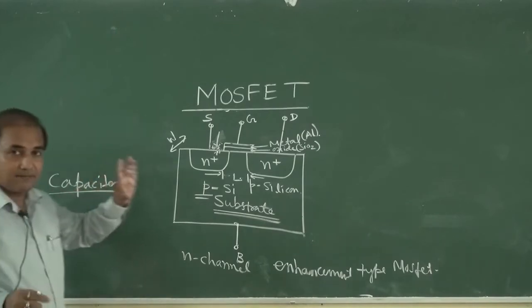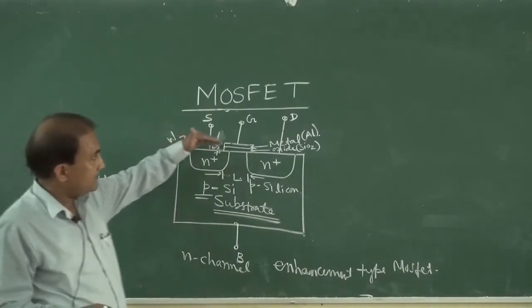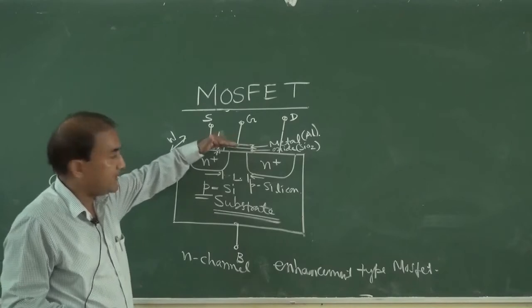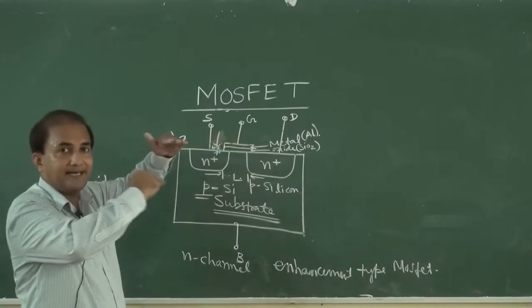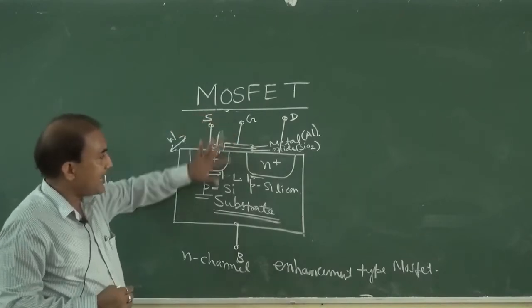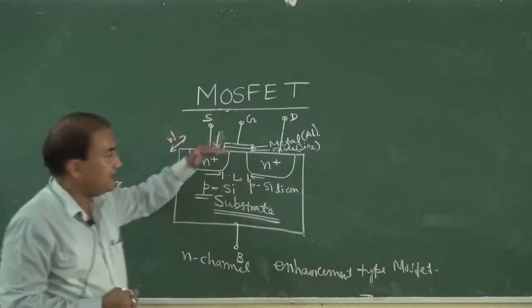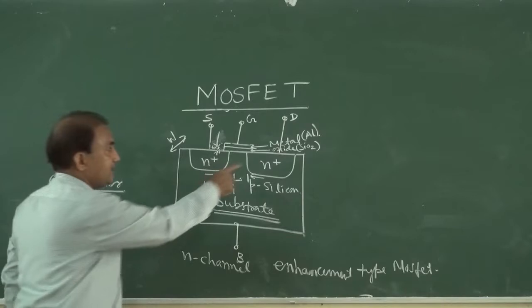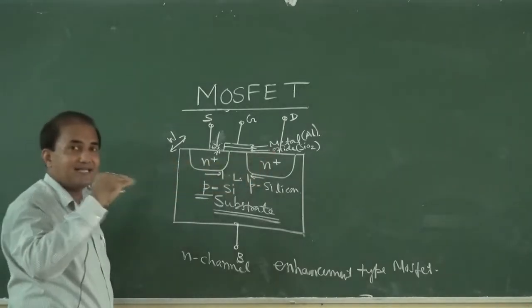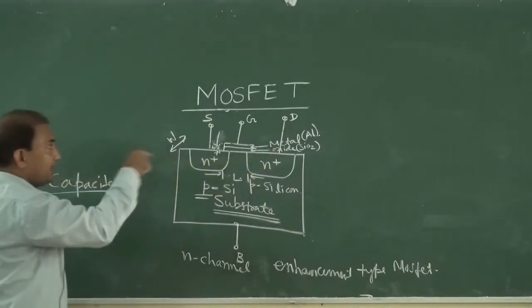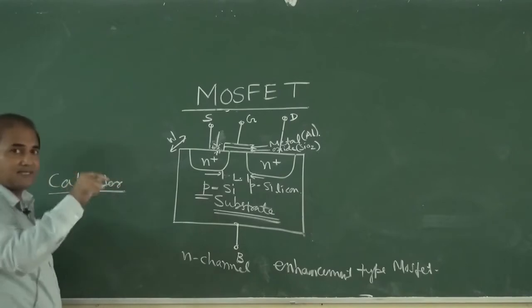Here the two plates, outer plate and inner plate, are the metal and the substrate, and in between these two plates the oxide behaves as an insulator, so it acts as a capacitor also.